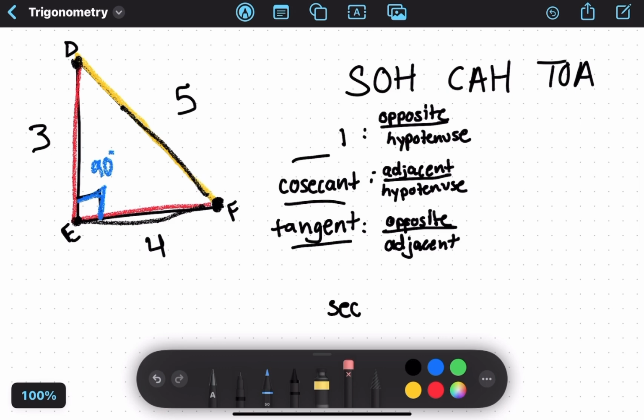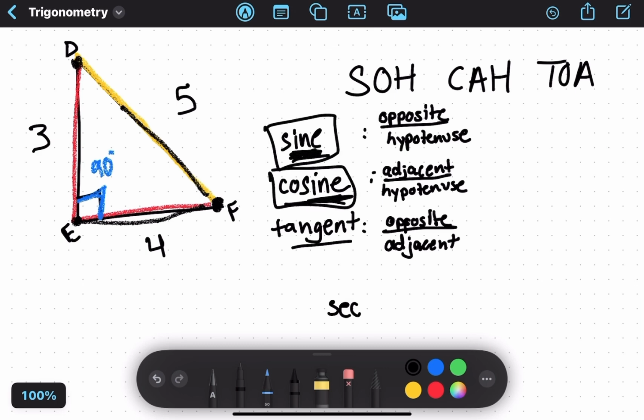I am thinking about geometry. This isn't geometry, but I am mixing up the terminology. I apologize. This is sine, cosine, and tangent. Not secant. Sine, cosine, and tangent.